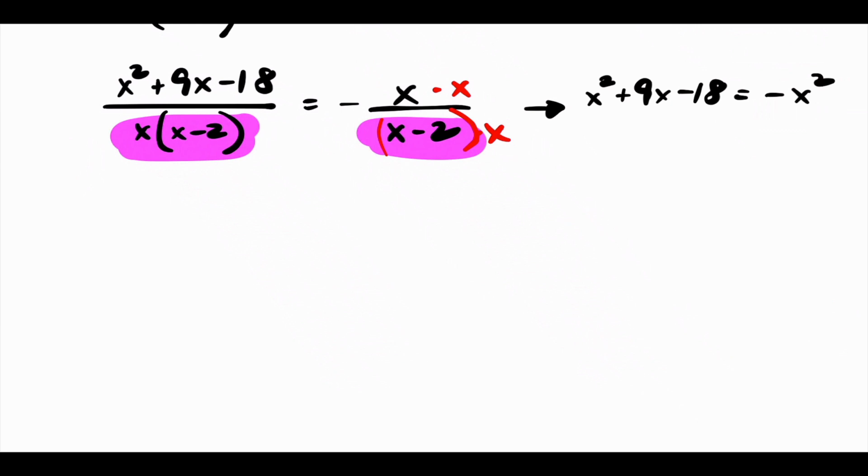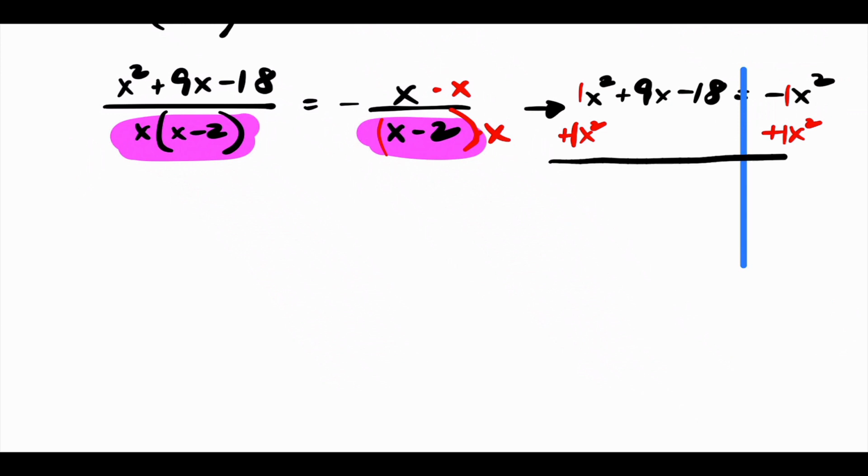Equals negative x to the 2nd power. It's got x squared, so that means these are all 1s. All right.